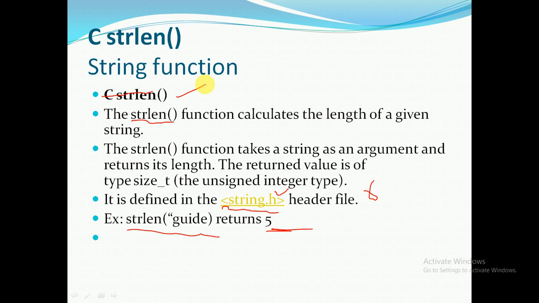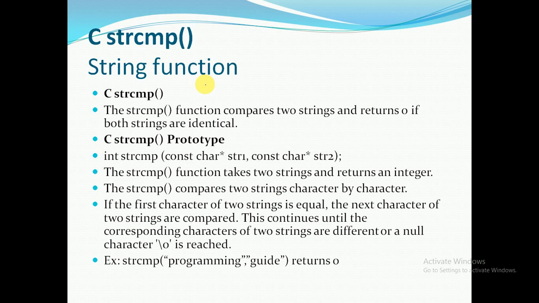Next we see the next string function, that is string comparison. Comparison means comparing two things. The string comparison function compares two strings and returns 0 if both the strings are identical. Identical is nothing but both are the same.